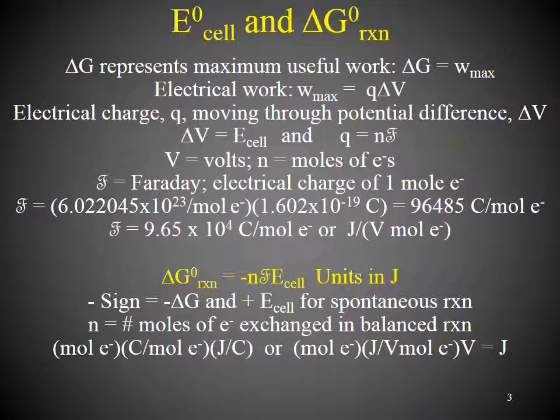It could be 2, 3, 5 moles of electrons. Whether we use moles of electrons times coulombs per mole of electrons times joules per coulomb, or moles of electrons times joules over volts times mole of electrons times volts, in either case, the units of delta G are going to be joules.